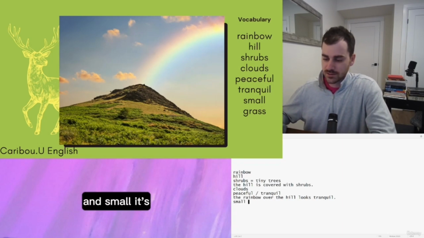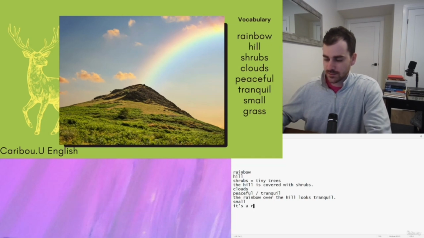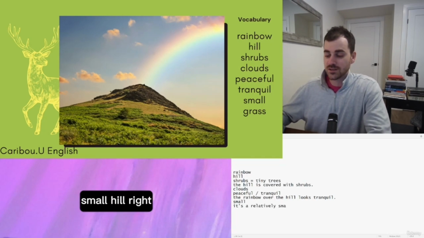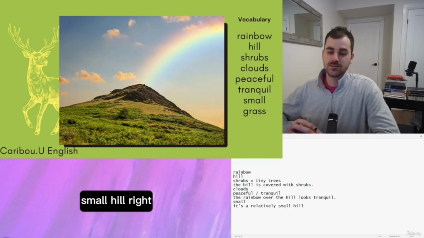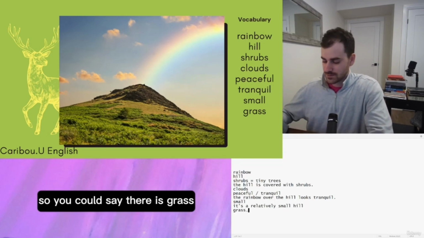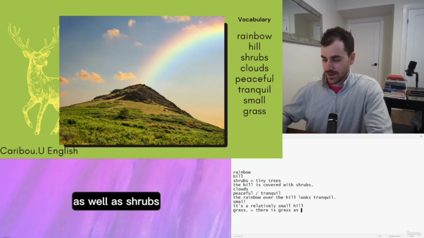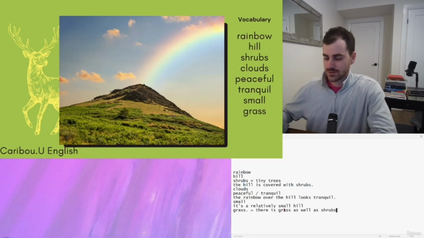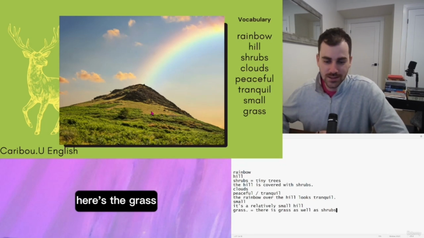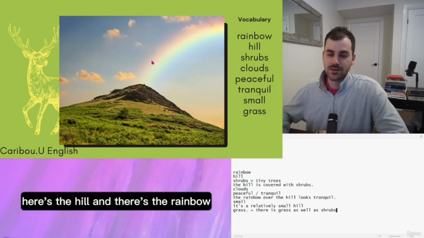And small, it's a relatively small hill, right? And then there's grass. So you could say there is grass as well as shrubs. Here's the grass. Here are the shrubs. Here's the hill, and there's the rainbow.